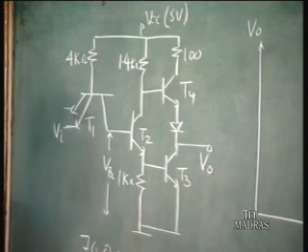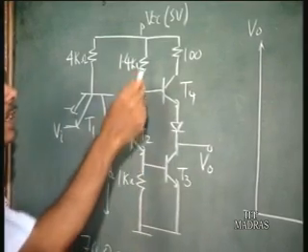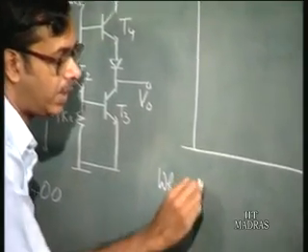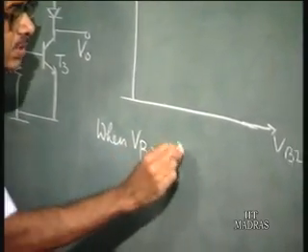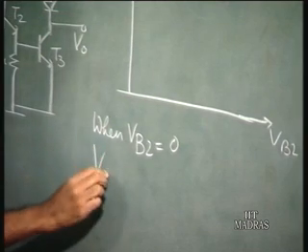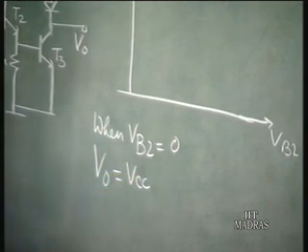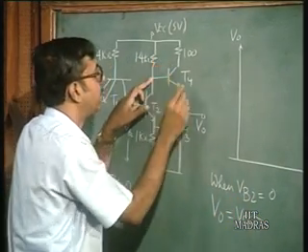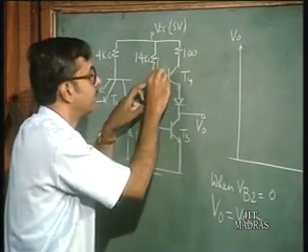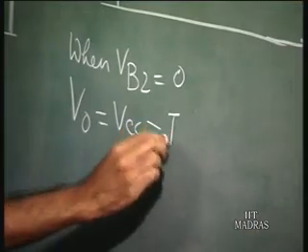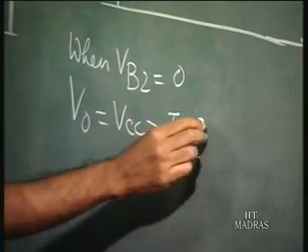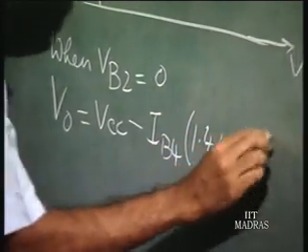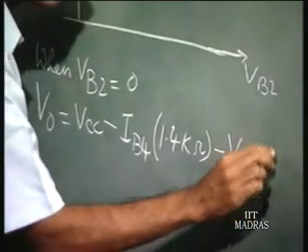When VB2 is equal to 0, V output will be equal to VCC minus IB4 into 1.4 kilo ohm, where I call this current the base current of T4, minus VBE4 minus 1 diode drop.